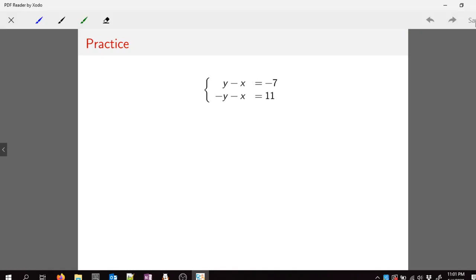Let's take a look at this system right here. My y's are lined up in columns. So when I add y minus y, it gets me 0y. And I'll have minus x minus x, that's minus 2x, is equal to 4. I add the two equations together, and I'm left with minus 2x is equal to 4. Notice how there's no y term.